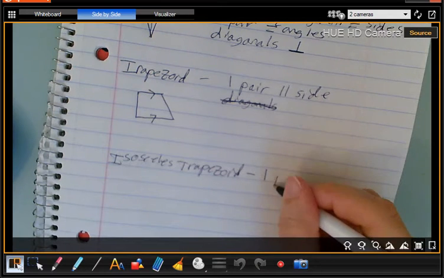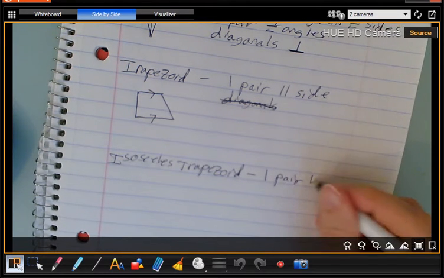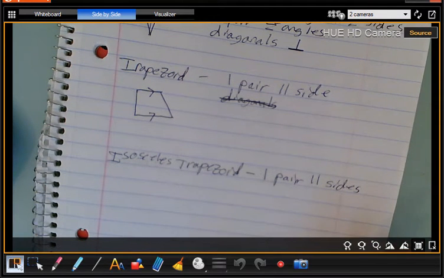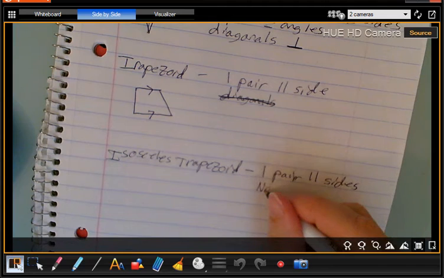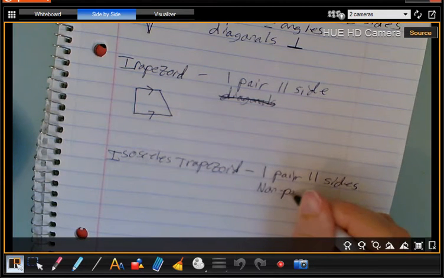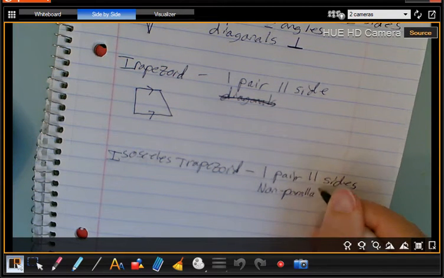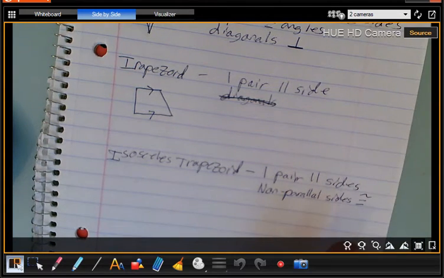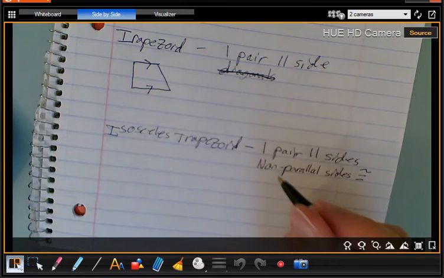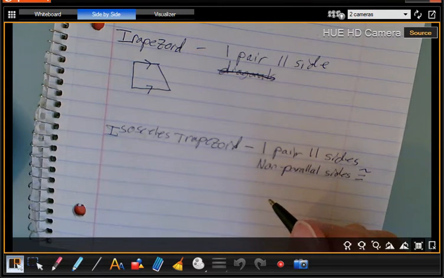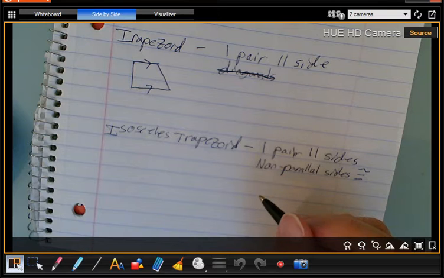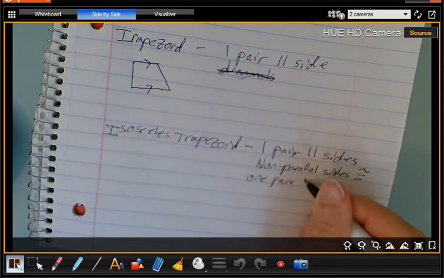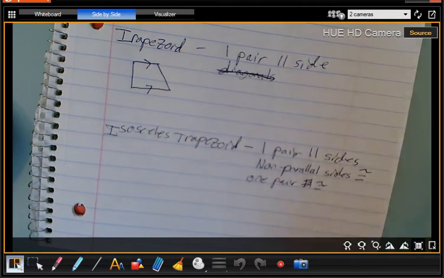It is still a trapezoid because it only has one pair of parallel sides. The non-parallel sides are congruent. Remember that little equal sign with a squiggle means congruent. It has one pair of congruent slopes. So does a trapezoid, actually.